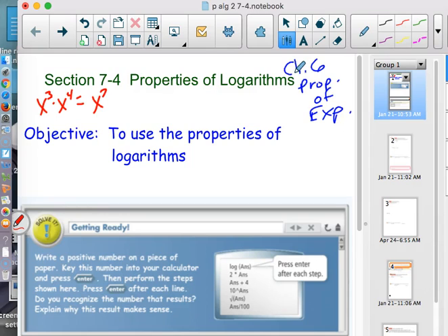So if we want to multiply logarithms, we're going to have to add. That was a property. If it holds for exponents, it has to hold for the inverse, which is going to be logarithms.